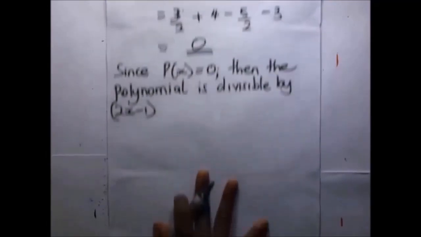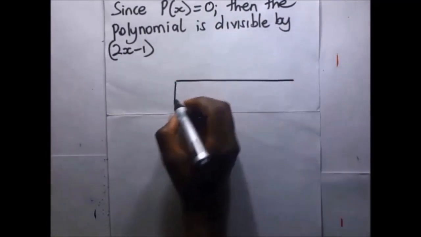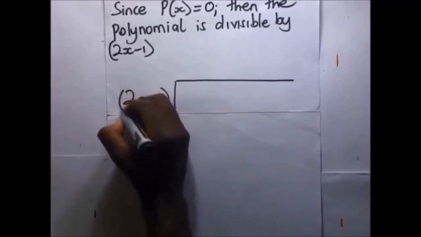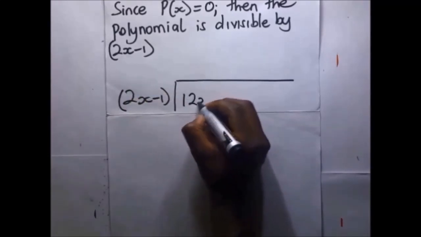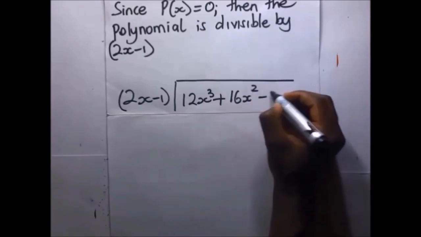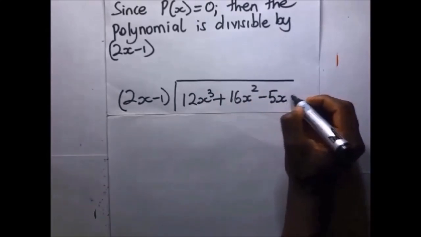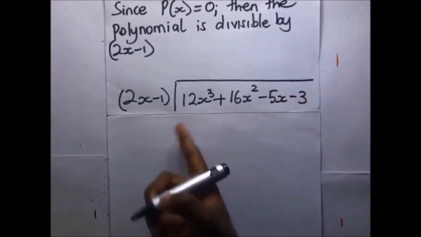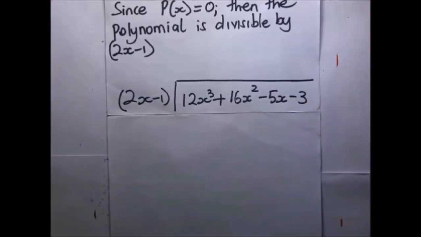So factorizing it, we divide 12x cubed plus 16x squared minus 5x minus 3, divide that by 2x minus 1.